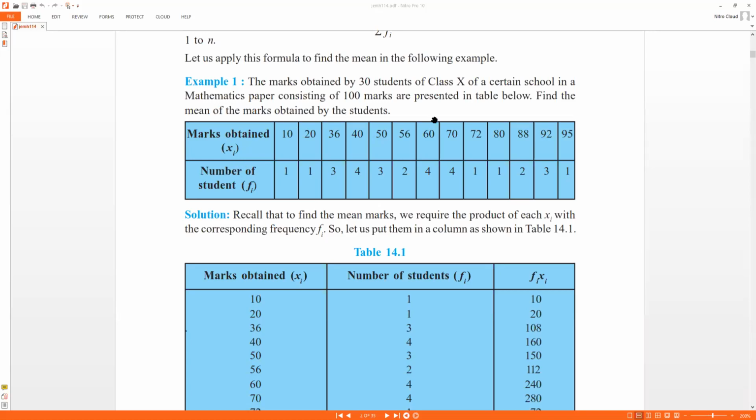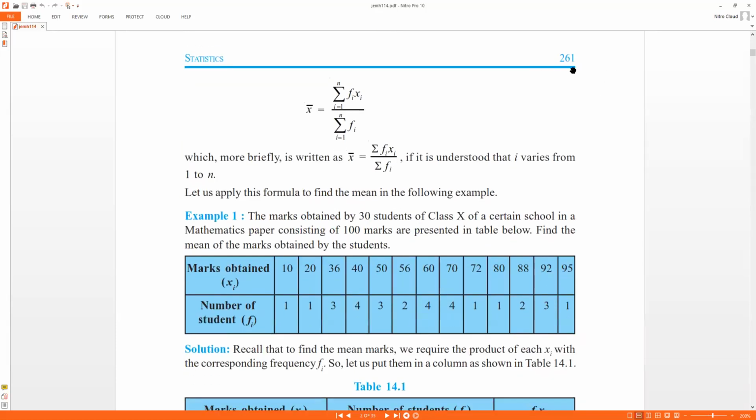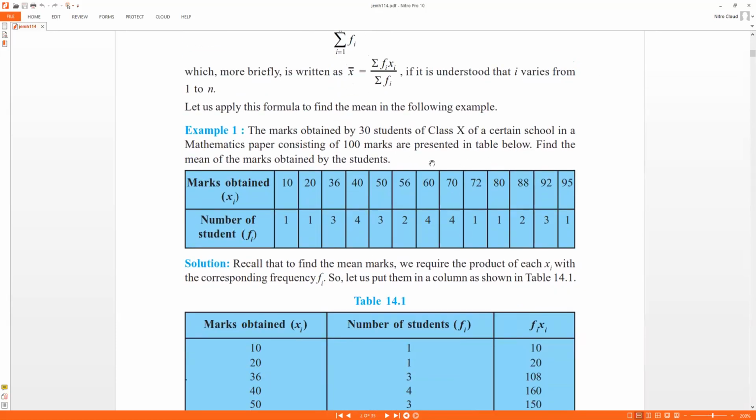So please copy this table down. We are going to solve a problem. By the way, this is on page 261, where you are going to use this data, because it is given in the textbook that refers to table 14.1. Then we are going to solve it.